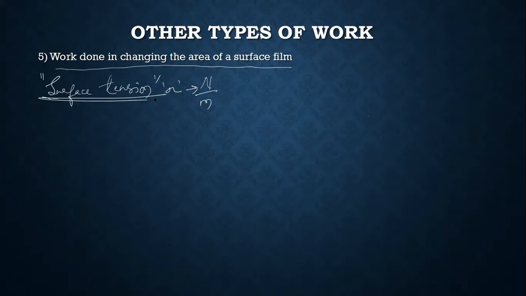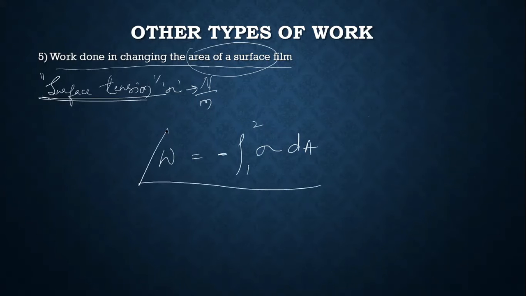Therefore, work done in a homogeneous liquid film in changing the surface area is given by W is equal to minus integral 1 to 2 rho dA. Remember this: it is negative for work done on the system.